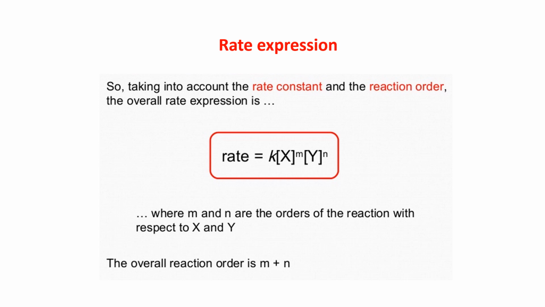Taking into account the rate constant and the reaction order, the overall rate expression can be written as rate equals k x to the power m y to the power n, where m and n are the orders of the reaction with respect to x and y. So the overall order of reaction is m plus n. It is the experimental rate, and this is known as the rate law.